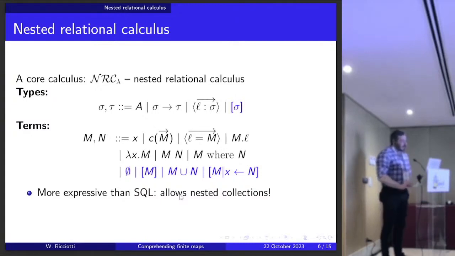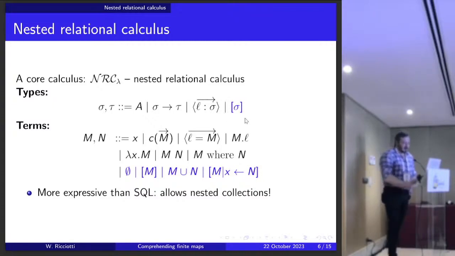What is it like? You can see it as an extension of the simply typed lambda calculus with collections. This sigma between square brackets indicates the collections of elements of type sigma.